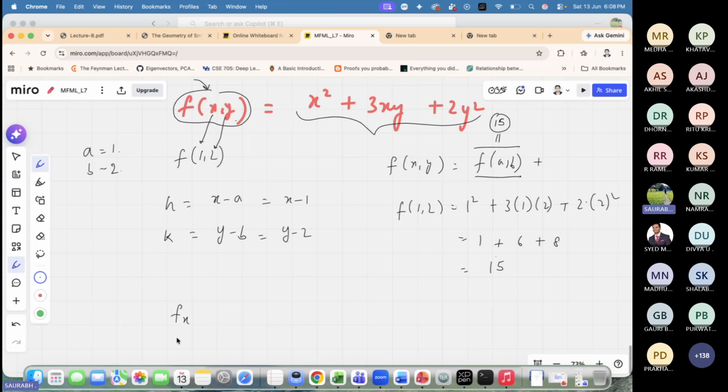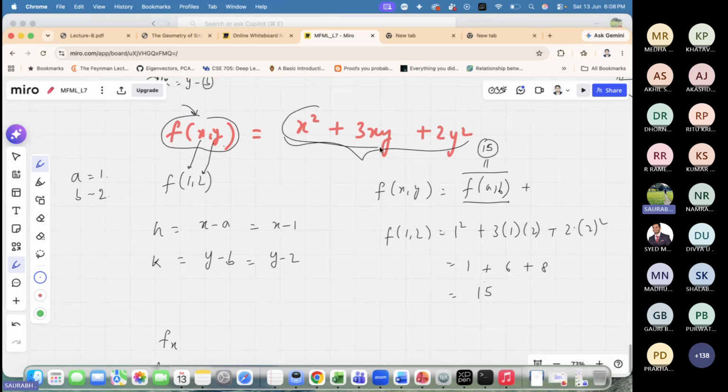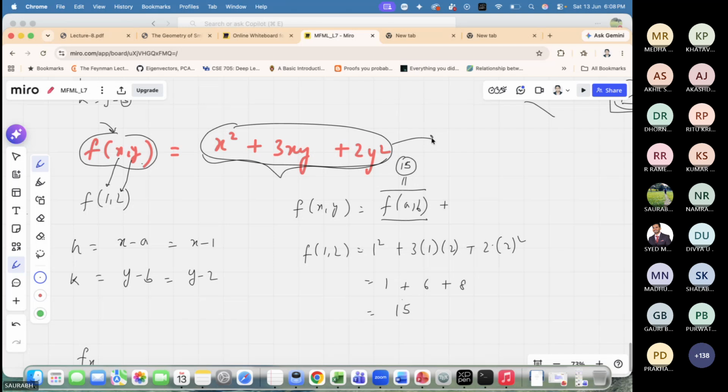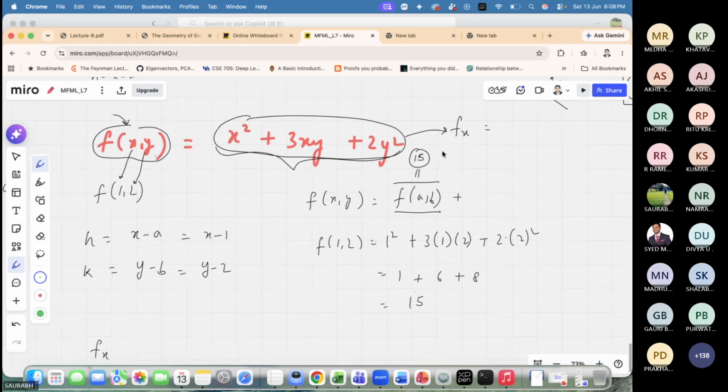Now the next terms, the higher order terms, the first derivative terms: fx and fy. You have to calculate fx and fy. What is fx, the partial derivative of the function with respect to x? It is 2x plus 3y.